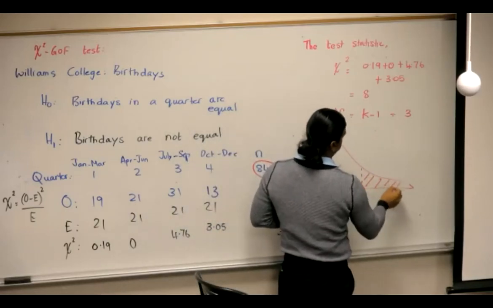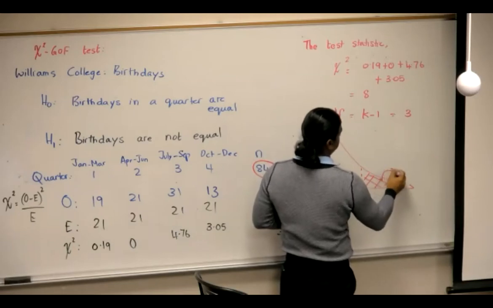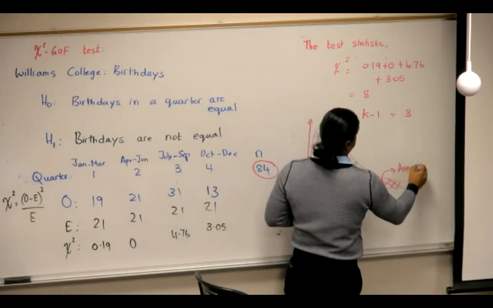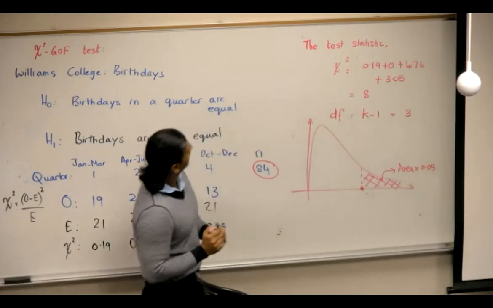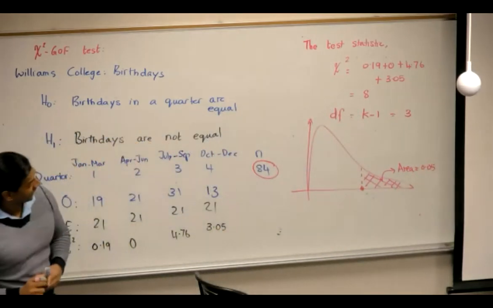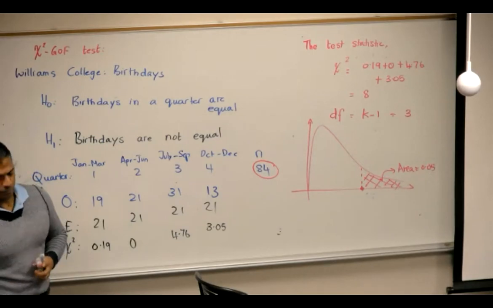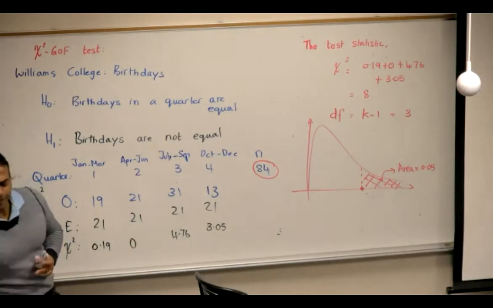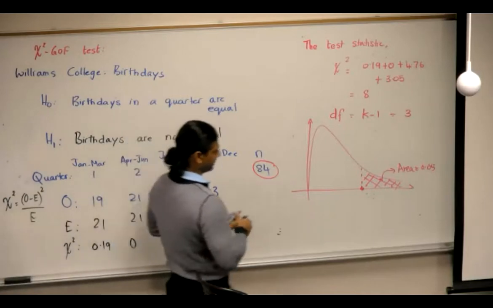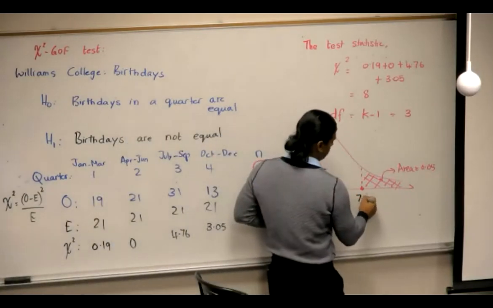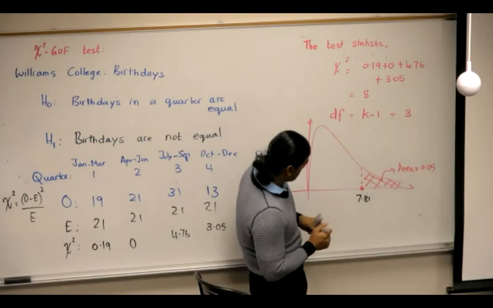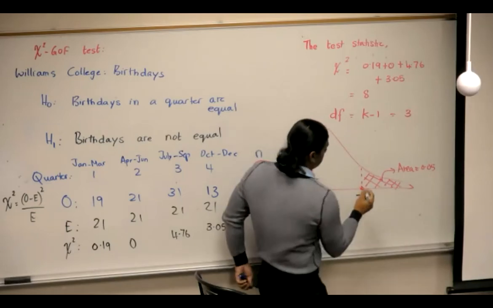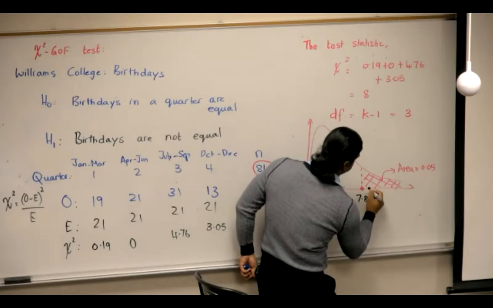Alpha is 0.05, degrees of freedom is 3. What is our critical value? 7.81 from the last problem. We didn't change anything, we're using the same alpha. So 7.81, and the test statistic is 8.